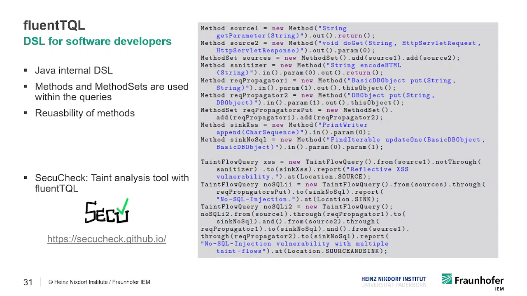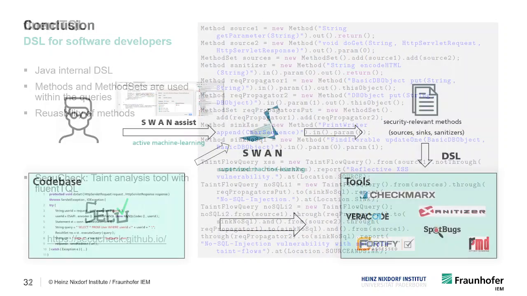It is also implemented for multiple IDEs, so you can use it in Eclipse, in IntelliJ, in Visual Studio Code, and a few more. So this was just two small examples of DSLs, so we wanted to show you how these security-relevant methods are used in practice in combination with domain-specific languages.